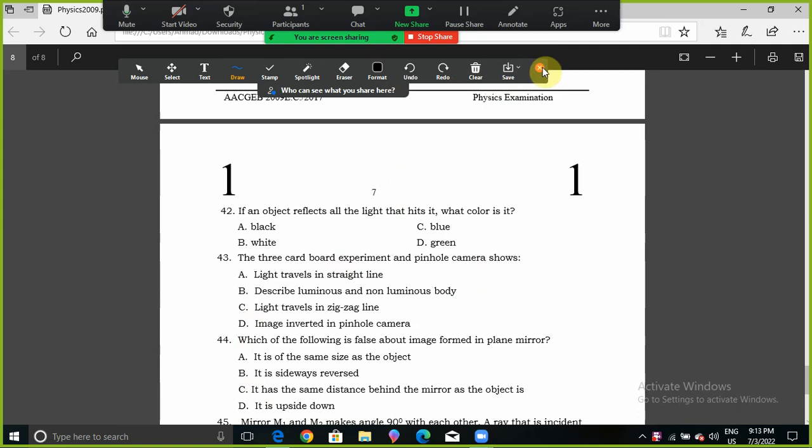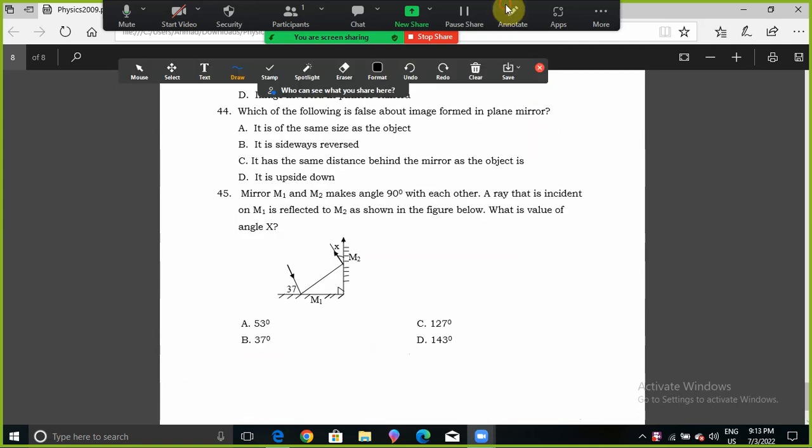Now, in question number 45, it says mirrors M1 and M2 make an angle of 90 degrees with each other. A ray that is incident on mirror 1 is reflected to mirror 2, as shown in the figure below. What is the value of angle X?